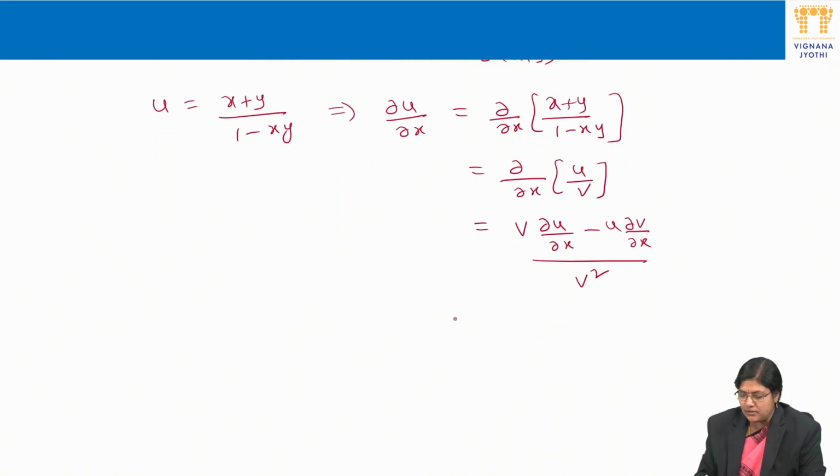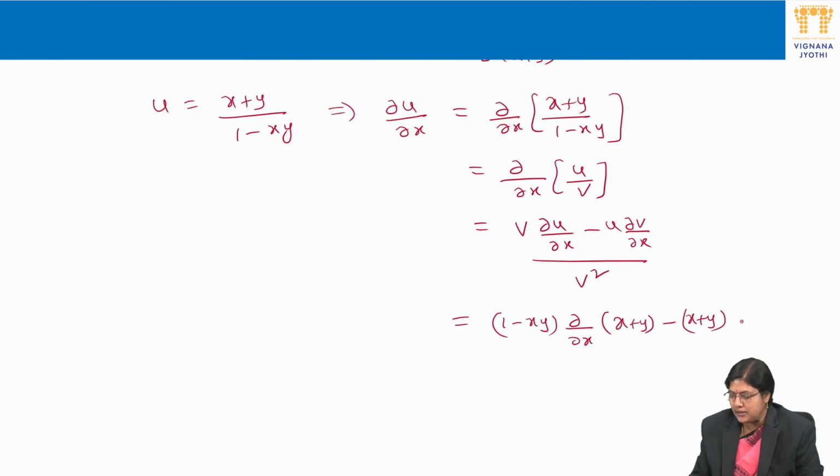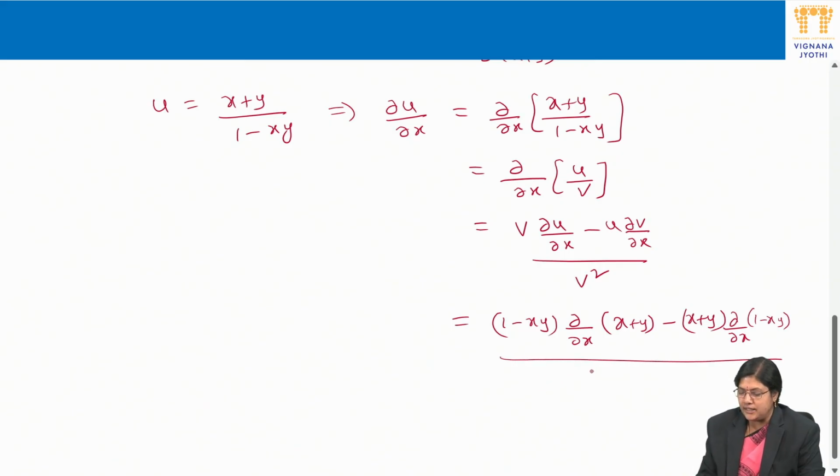Here v is 1 minus xy, and u is x plus y. So this is 1 minus xy into dou by dou x of x plus y, minus x plus y into dou by dou x of 1 minus xy, divided by 1 minus xy whole square.